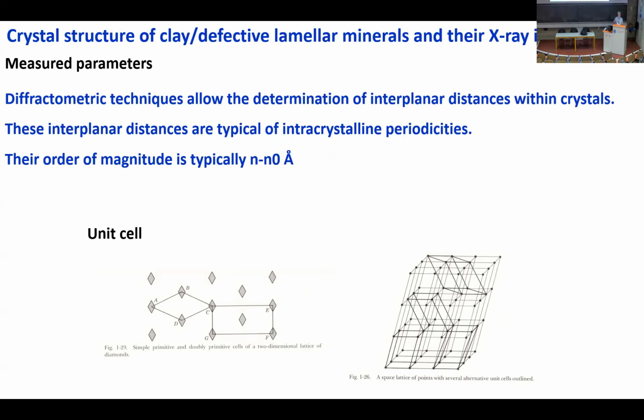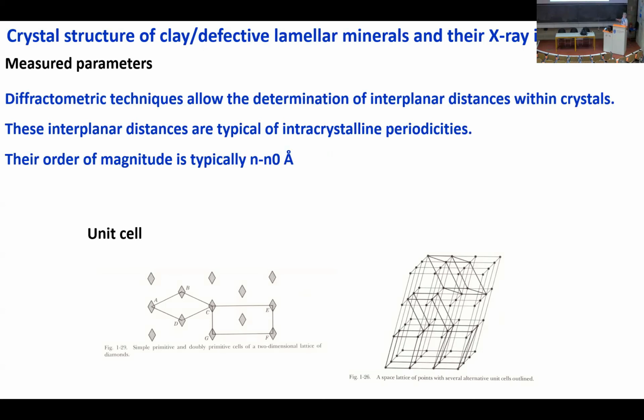This means that we have to have repetition, something crystalline, if possible periodic or almost periodic, and that these interplanar distances are typical of periodicity we may have within crystals.